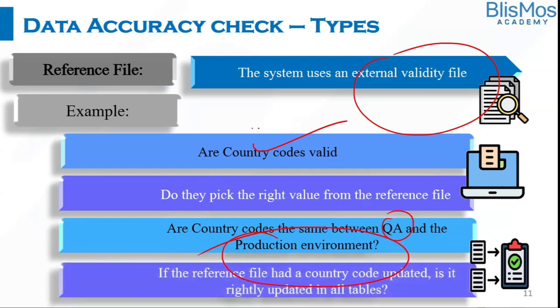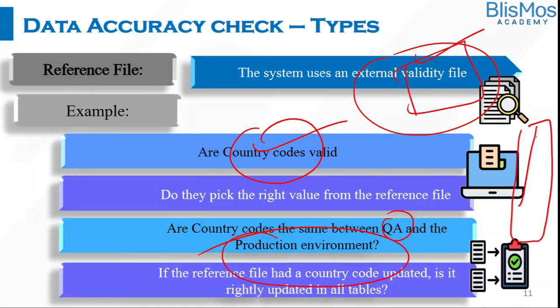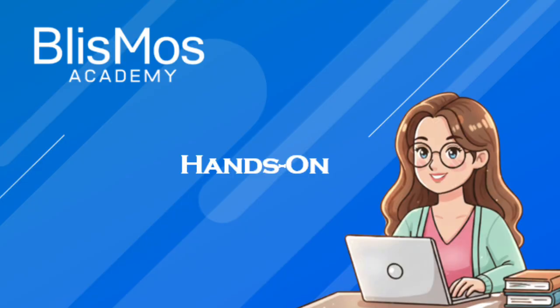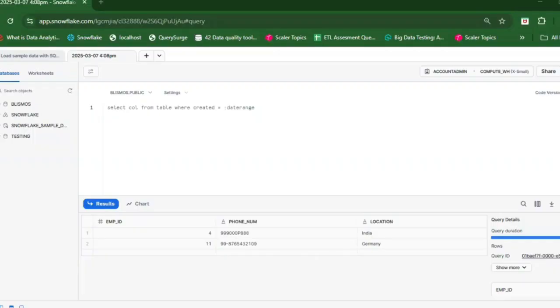Like this, for the country codes, we would have created a validation file. We use that particular validation file to verify all the values in a particular column. Awesome, isn't it? We understood the data accuracy check in detail. We'll understand data accuracy check hands-on. So data accuracy check, what does it do? It verifies the data values are within acceptable ranges.